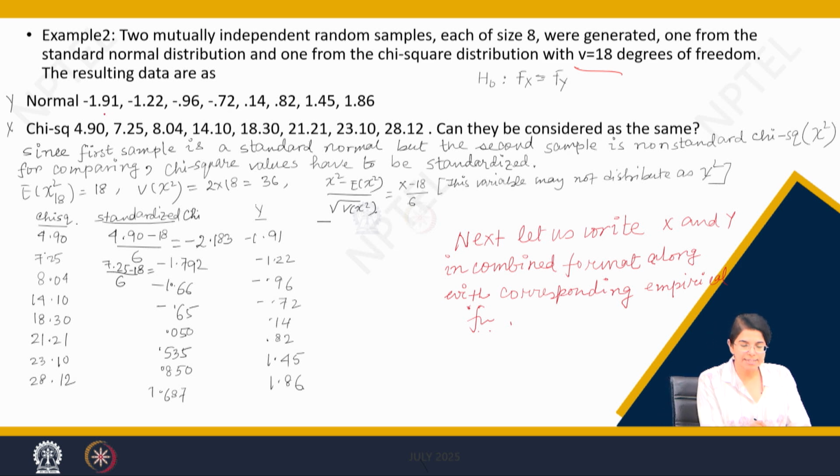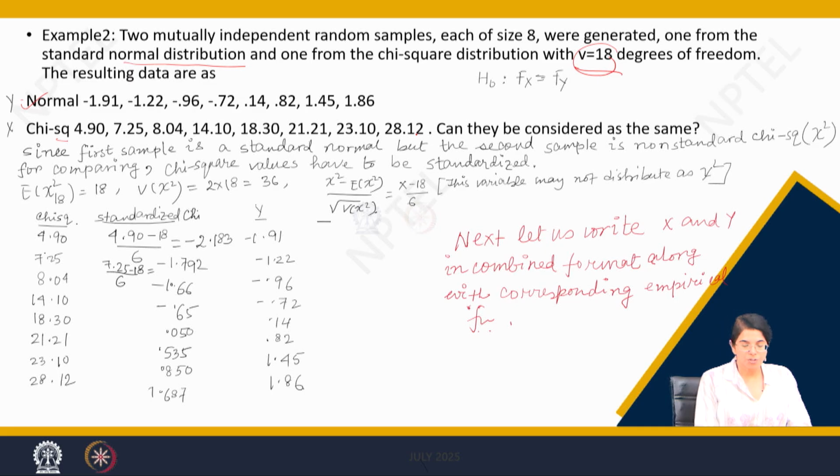See, the first observations are coming from the standard normal distribution. That means they are already in standardized form. Clear? On the contrary, these are observations from the chi-square with degrees of freedom 18. So to make a comparison, first you have to standardize the chi-square observations.